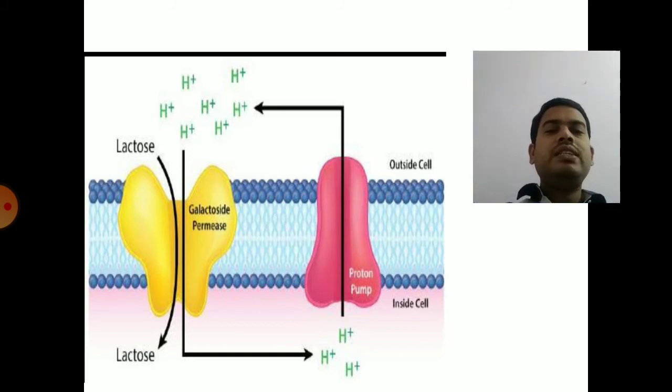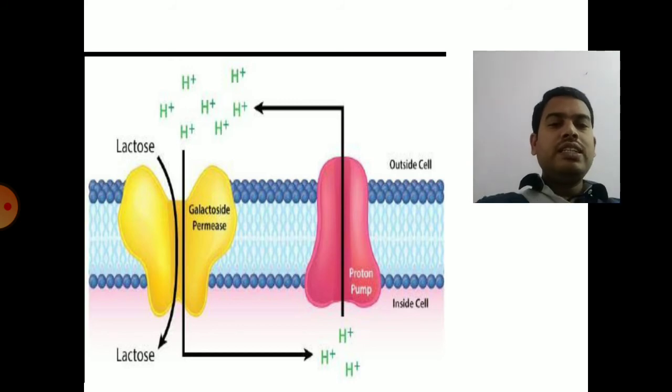So you can clearly see ion gradient dependent active transport here. The best example is the lactose permease system, where a proton pump transports H+ ions outside the cell. These H+ ions accumulate outside the cell and the H+ concentration is less inside the cell, so a concentration gradient is created. This is number one.